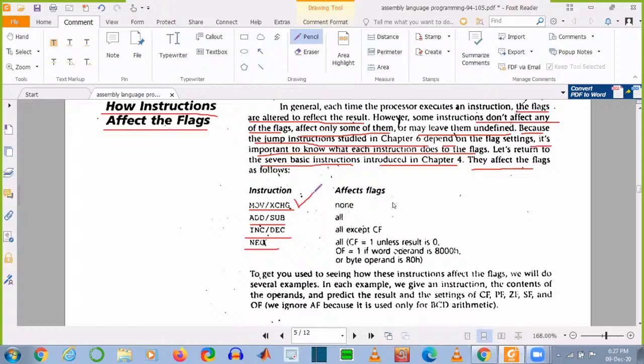What does that mean, not affected? None. So it affects flags, none. What does that mean? Can you say? Not affected by means what?